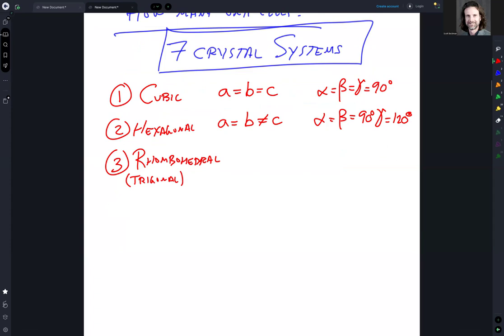But in the case of the rhombohedral, A equals B equals C, alpha equals beta equals gamma, and these are not equal to 90 degrees.